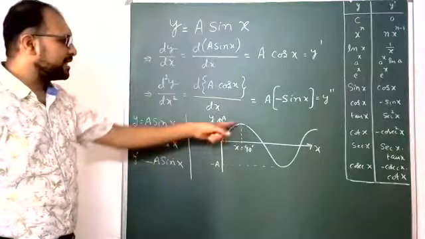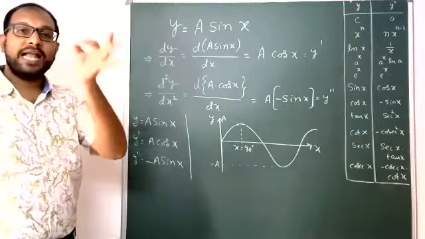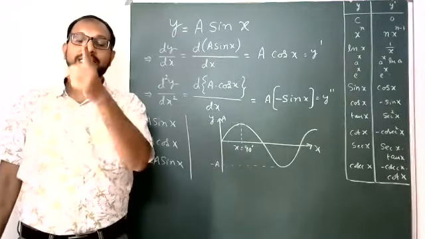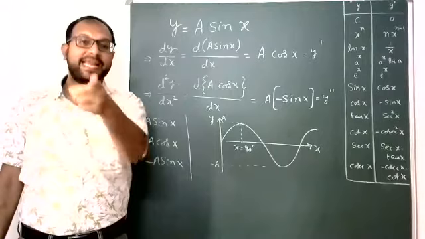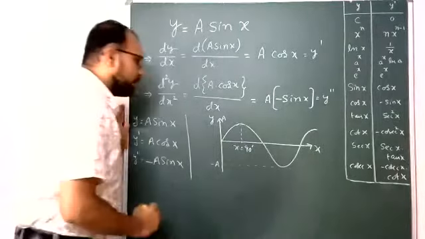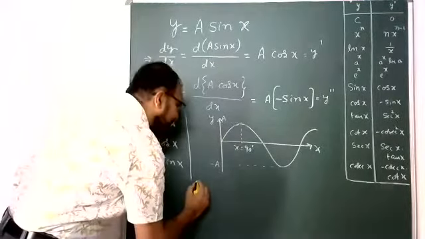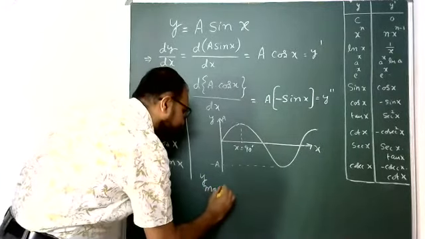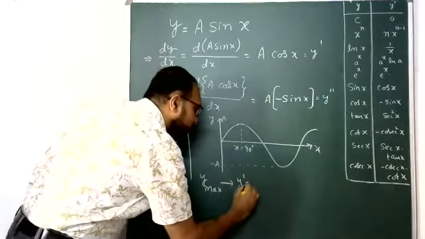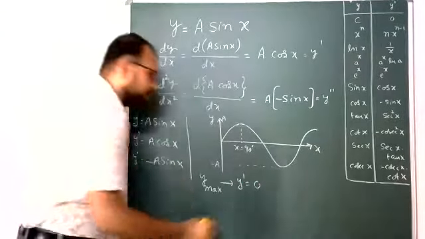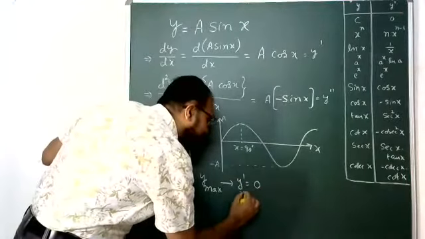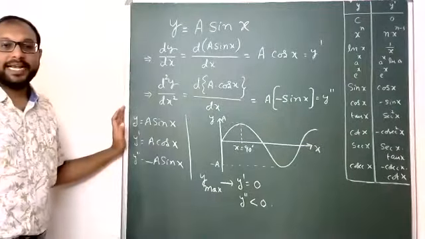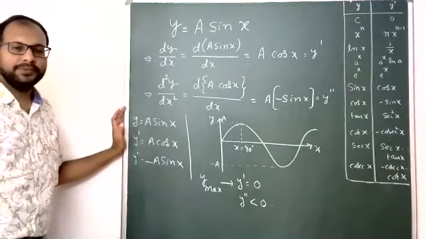So that's why students, at any maximum value of a curve, first derivative 0, second derivative is negative. So now conclusion, at maximum value, first derivative 0 means slope 0, but second derivative is negative.